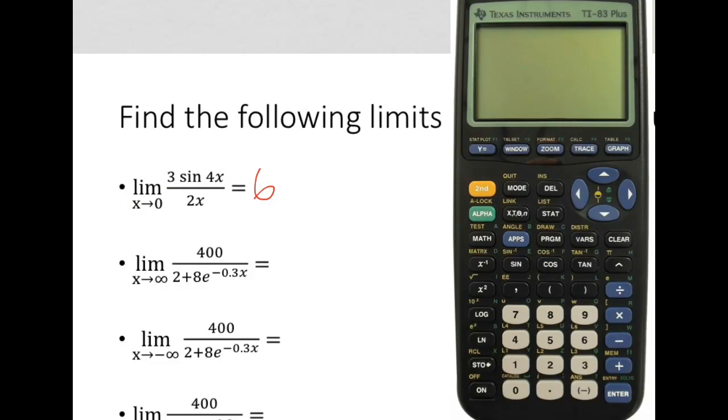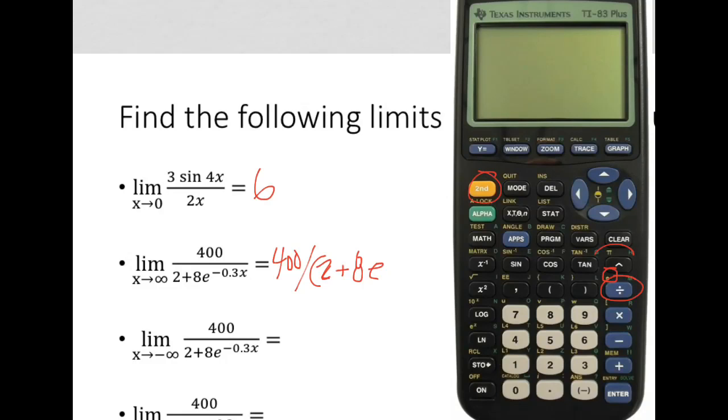So now let's think about this second one. Limit as x approaches infinity of 400 over 2 plus 8e to the negative 0.3x. So again, you have to be very careful with how you enter this. You need to enter it as 400 divided by parentheses 2 plus 8 E, and to get to the E button, notice it is right there on your calculator, so you have to hit second and the division button.